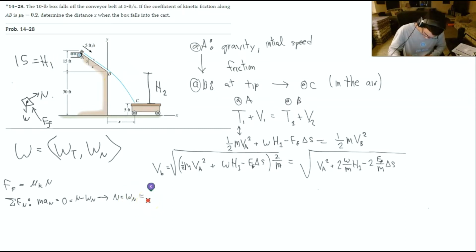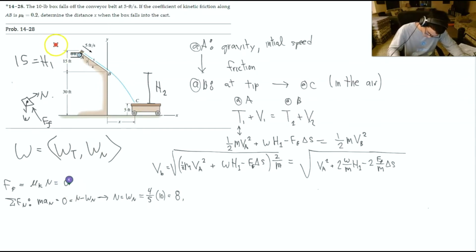So 4 over 5 times 10, which is 8. So there's 8 pounds coming down in this direction. And then there's a little bit of weight coming, well, there's less than 8 going in this direction. Okay. So that's the normal. So now we can come back up to here. And then mu k is 0.2.